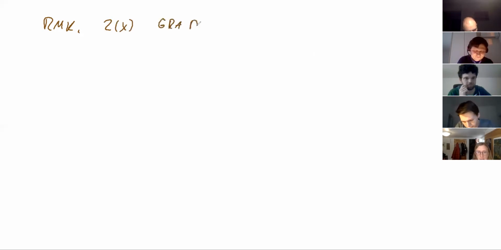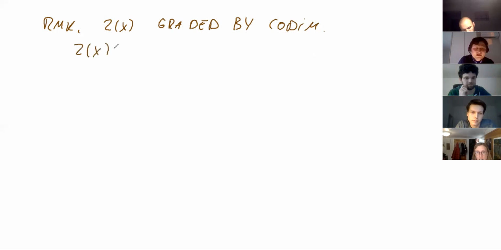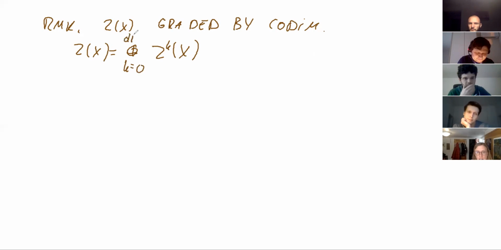Okay, so now we come back actually to one of the questions, that Z(X) is graded. It is graded by codimension. In other words, what I really mean is that there is a sum from k equal 0 to dimension of X, where the Z^k(X) are subvarieties of codimension k.